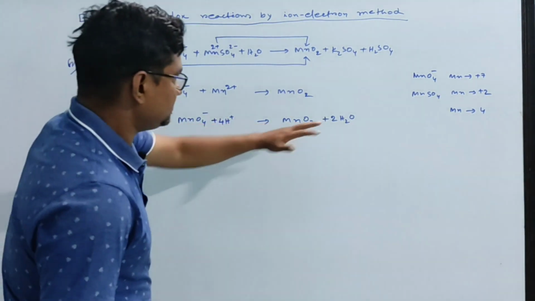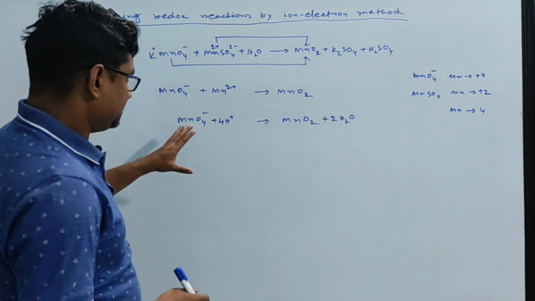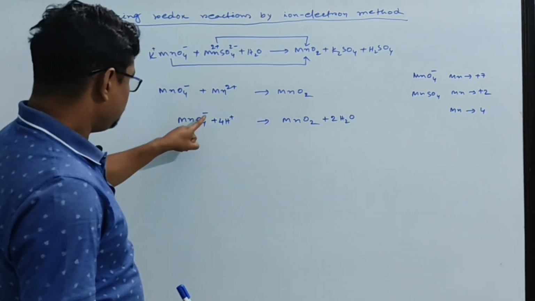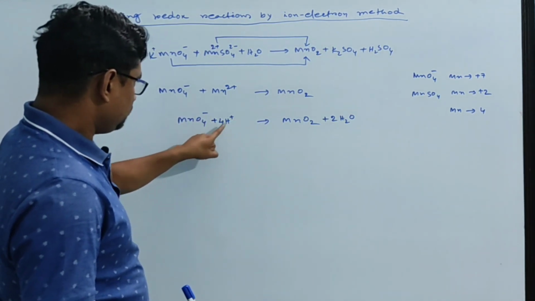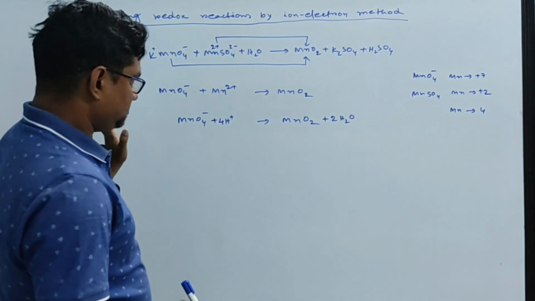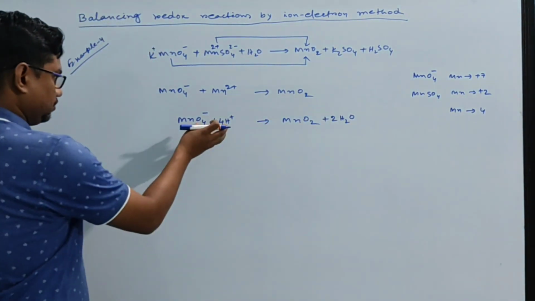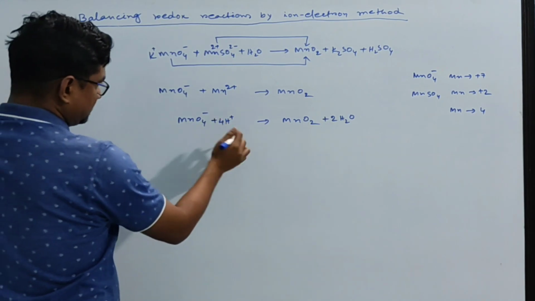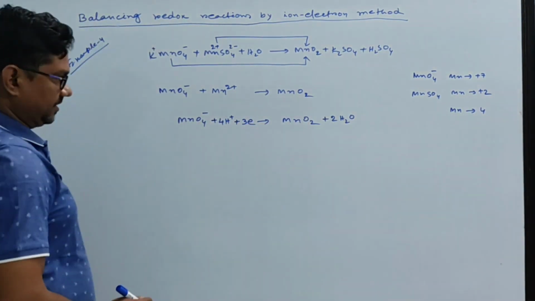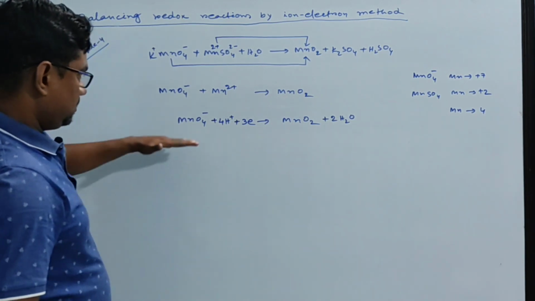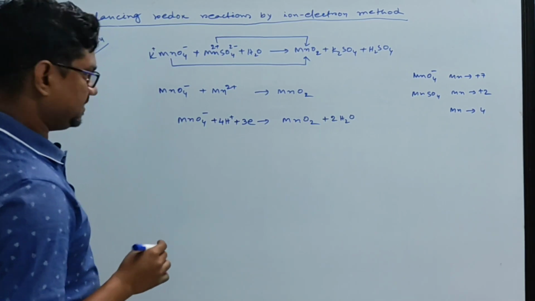Now everything is balanced here, then we can concentrate on the charge. Here you see 1 negative charge and 4 positive charge, means overall there are 3 positive charge, but in the right hand side there is no charge, so we have to neutralize this by adding 3 electrons. Okay, now everything is balanced, atoms and also the charge.